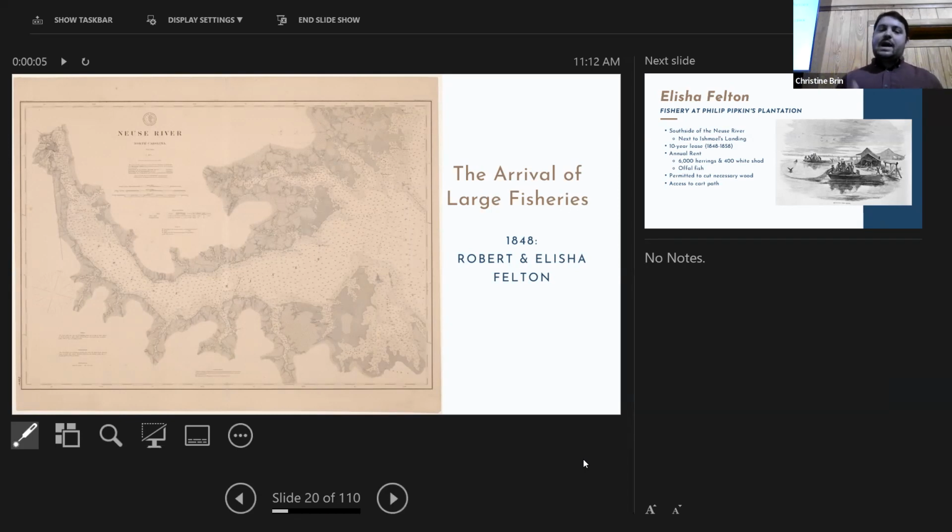They come down seasonally to the Neuse River and have this big fishery where they've got these massive nets that are 1,000 to 1,500 yards in length. Same style of fishing that's done up on the Albemarle Sound is now being done on the Neuse River. And so it's a big development in the fishery.